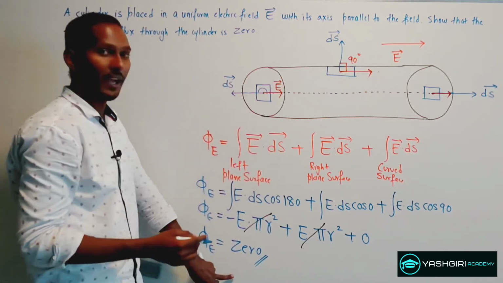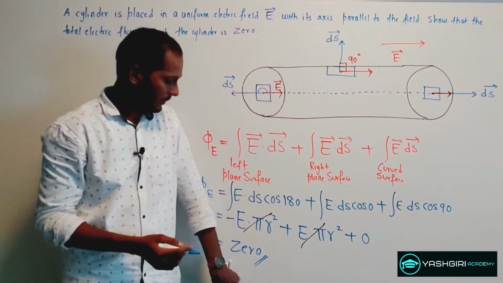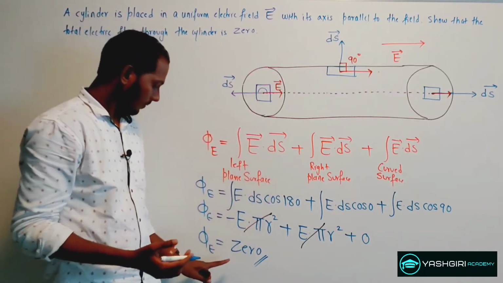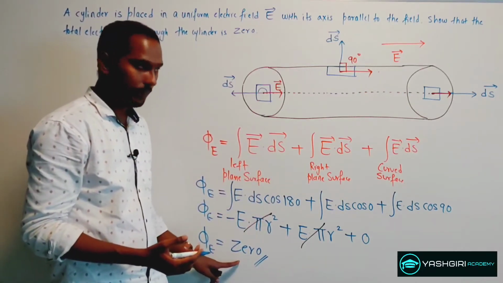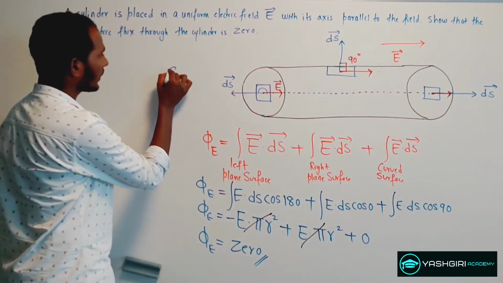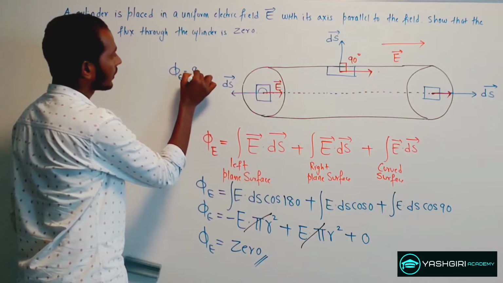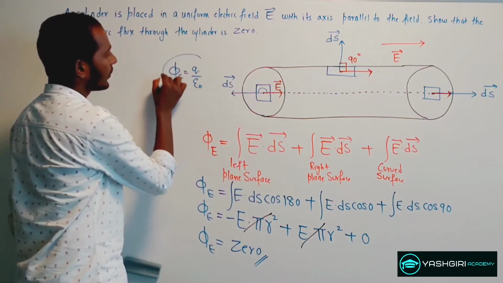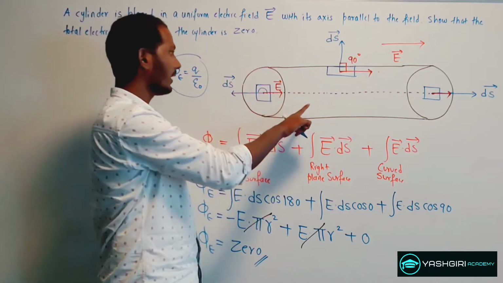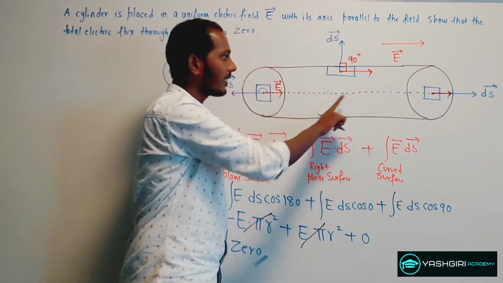So thus we have proof. Okay, so that's the answer for this, which says that phi of E is equal to 0, which means that if you look at Gauss law, phi of E is equal to Q by epsilon naught, there is no charge inside this Gaussian surface that we have chosen.